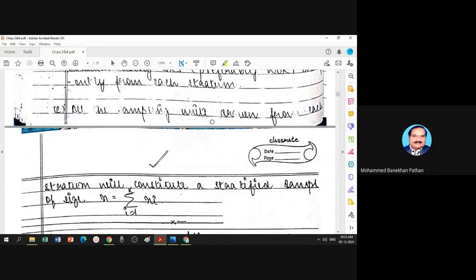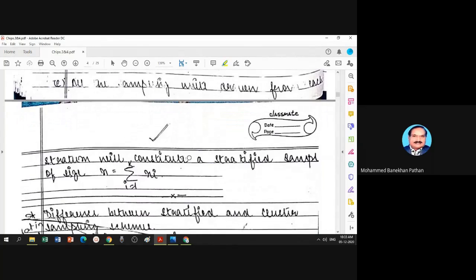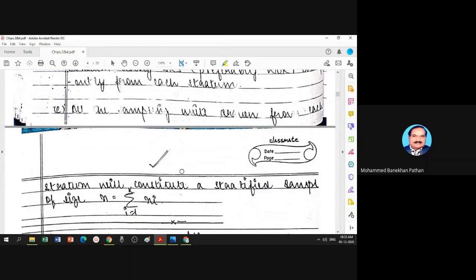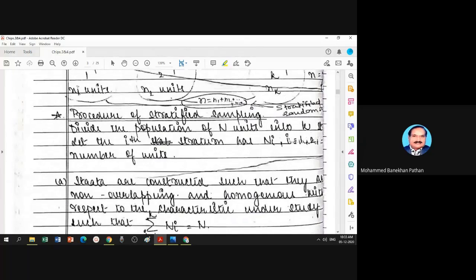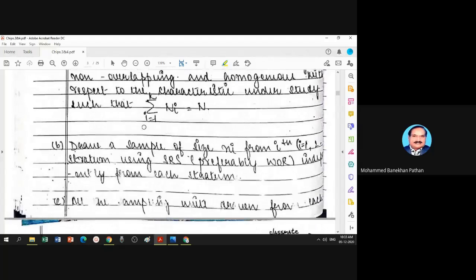All the sample units drawn from each stratum will provide a stratified random sample of size small n. So you can write the procedure of stratified random sampling this way.